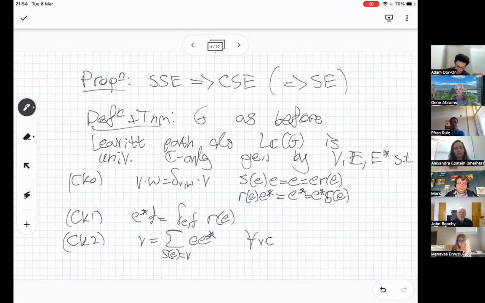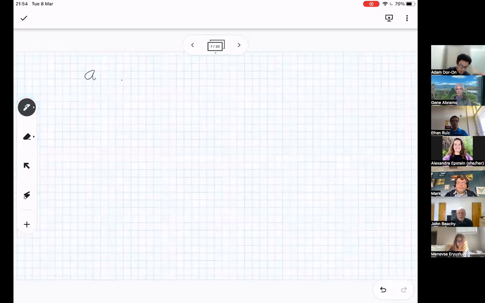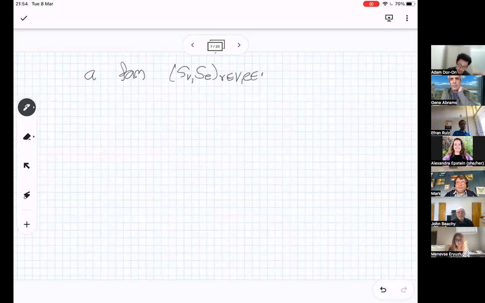Okay, so this is for any v in V. So this you must have seen lots of times before. And then the universal C star algebra is the one generated by a family of operators S_v, S_e, satisfying the same relations.